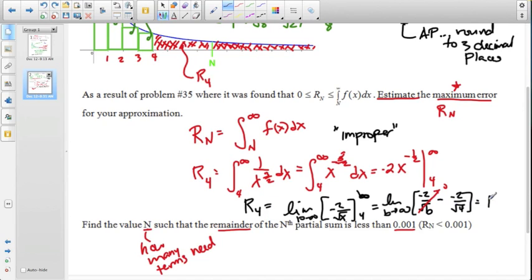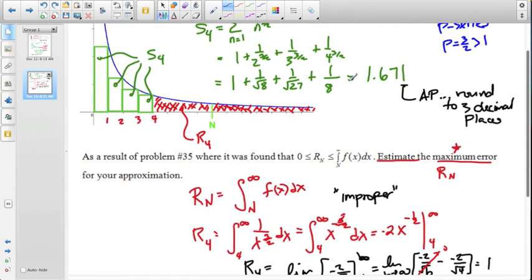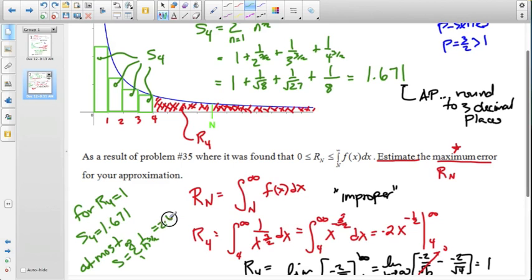So if the remainder is at most 1, that's the biggest remainder or error there is, then if we look back at this fourth partial sum, for a remainder equal to at most 1, if our fourth partial sum is 1.671, then the infinite sum of the series, in other words, the sum of the series from 1 to infinity, at most could be 2.671.